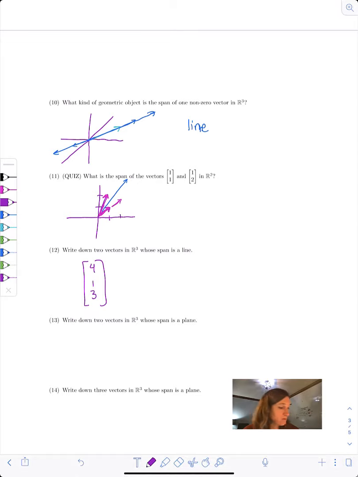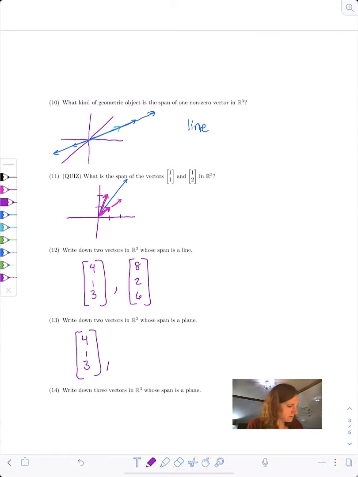So if we want to take a second vector and not go off of that span, we better just make a multiple of that first vector, so we stay on the same line. If we want to get a plane instead of a line, then we just need two vectors that don't lie on the same line. For instance, 1, 0, 1. And what's interesting is if you take three really different vectors, you're going to get a three-dimensional space.